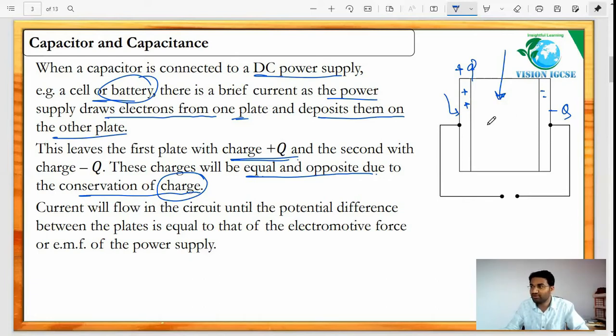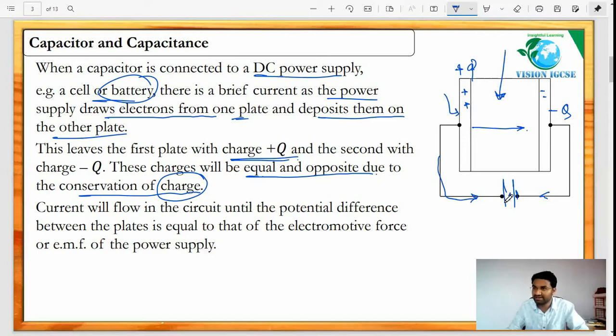When positive charges travel within this circuit and the circuit is completed, that is when work is done. So again, it is said that energy is stored rather than charge.